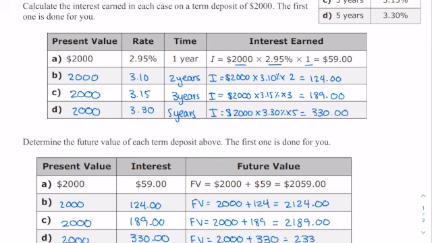And there we go, that table is filled out.